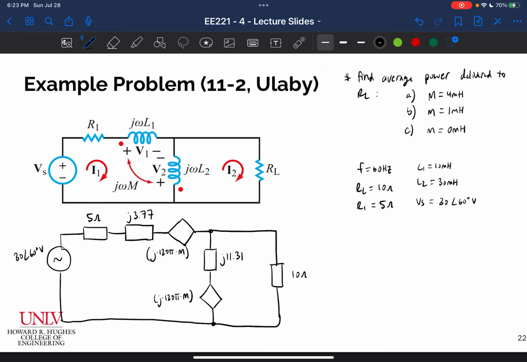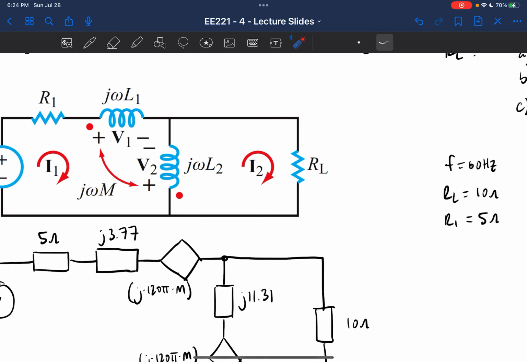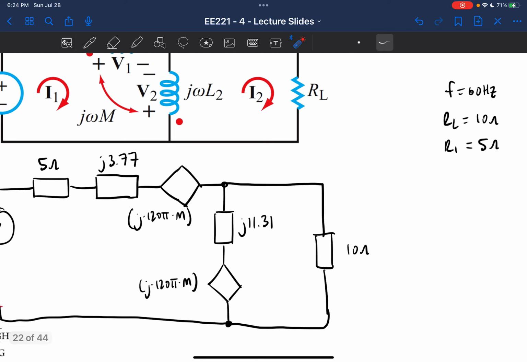We've got current I1 flowing here. That's the current that's going to induce this voltage in the second coil. So for that one, all I need to put is I1 multiplied by j 120 pi M.